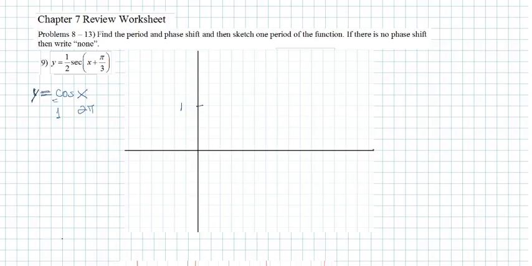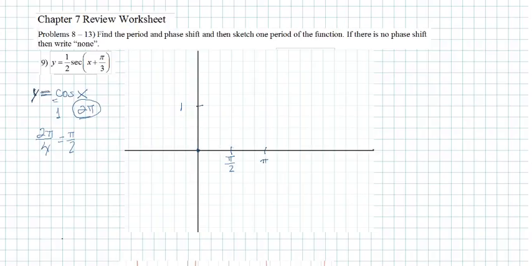Again, first thing is you mark your quarters. Once you have your period, you divide it by 4. So 2 pi divided by 4 is going to be pi over 2. Our basic function starts at 0. So the first quarter is pi over 2. Then we go another pi over 2, so that's 2 pi over 2, which is pi.